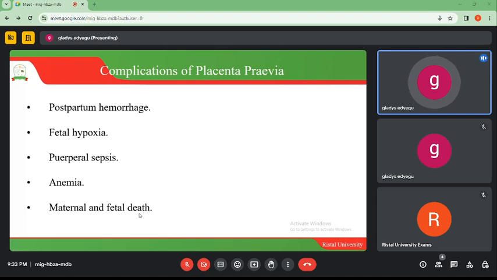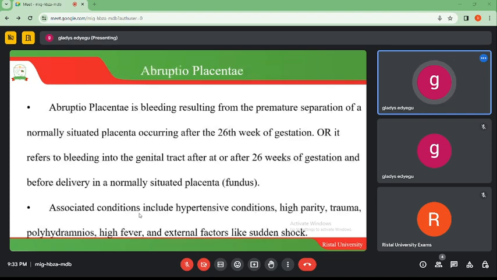So anemia is one of the complications, and they may heal, and after healing you still see these mothers are still anemic, and that's when we have to add more hematinics so that they can boost their immune system. And then maternal and fetal death can also occur, especially when anemia sets in and nothing is done. Then these mothers can easily die, plus also their babies.